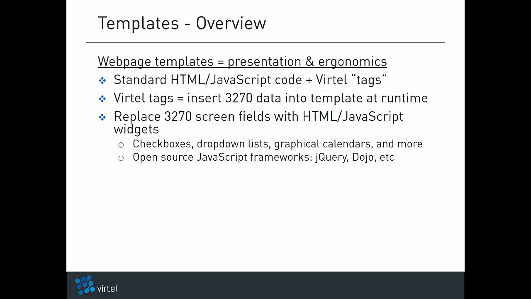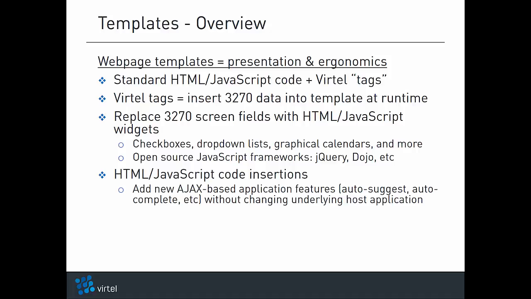The main function of Virtel templates is to replace legacy 3270 screen fields with modern and user-friendly data entry widgets, for example, checkboxes, drop-down lists, and graphical calendars. Widgets are HTML JavaScript components. They are provided through JavaScript frameworks such as jQuery, Yahoo, and Dojo, which are essentially HTML JavaScript widget libraries.